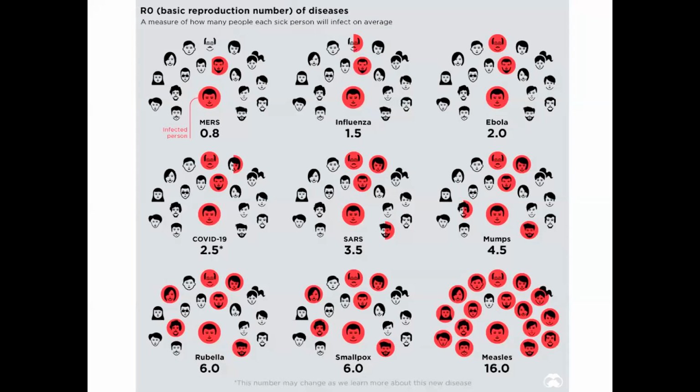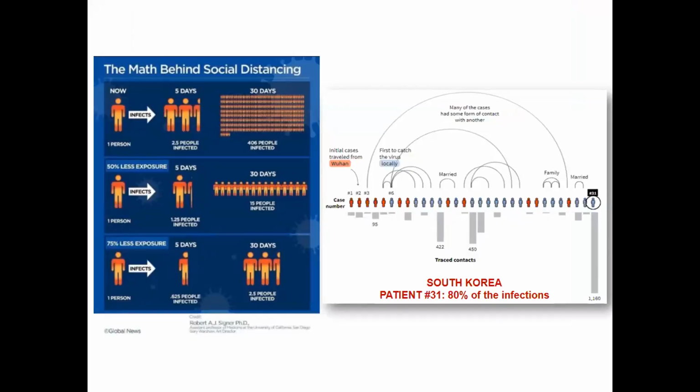Now that seems small, but if we do the math, there is some mathematics behind social distancing. If you have a person that is incubating for an average of 5 days, they could potentially infect 2.5 people.